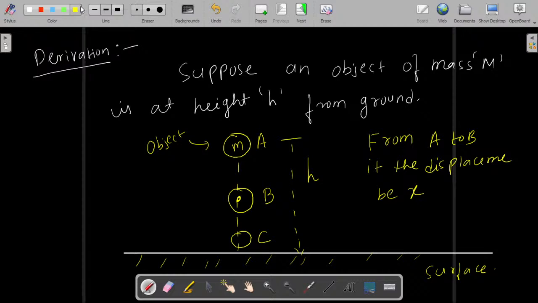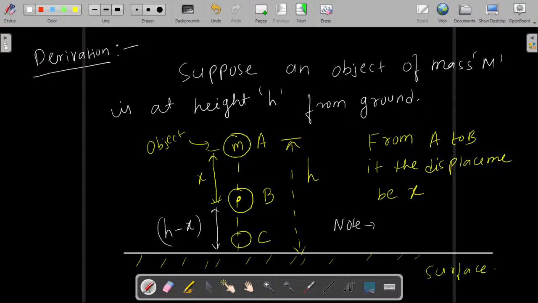Now you tell me, suppose this total is h. So what is the value from here to here? It's h minus x. Total is h and this is x. So h minus x.